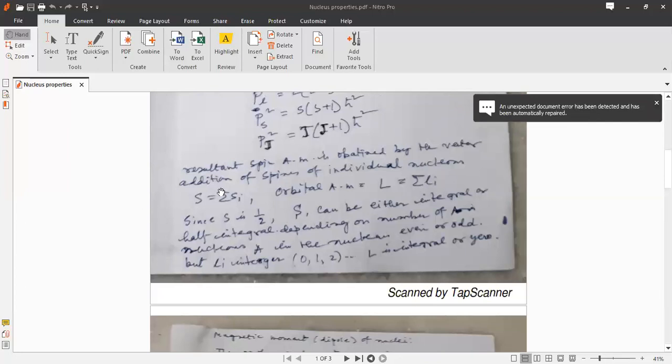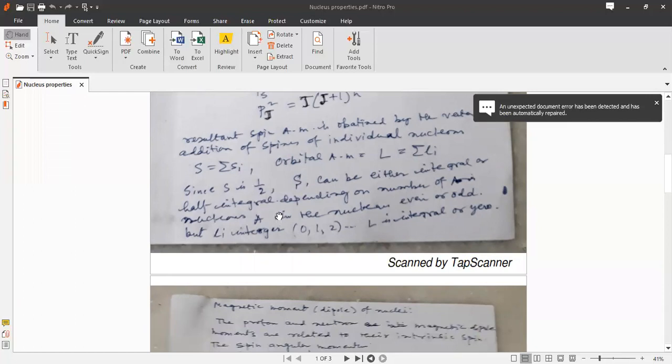Now, since S is half, here we have a very interesting observation. Since S is half, the total spin can be either integral or half integral depending upon the number of nucleons present inside the nucleus. So as a whole, we get the spin angular momentum for the nucleus, which can be even or odd.